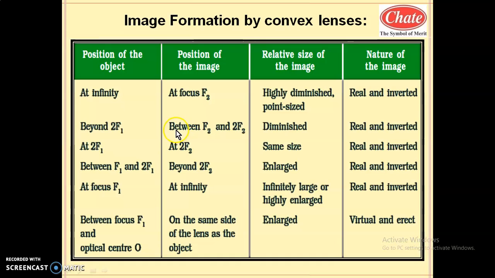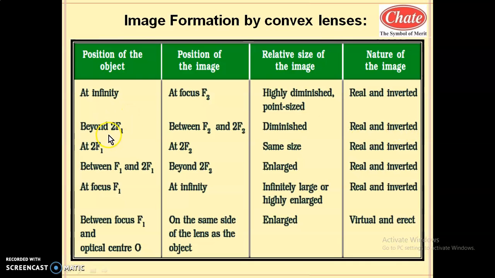Now the image position will be between F2 and 2F2, that we are going to study in detail by drawing the diagram. Now the image will be diminished. I already said to you that in these 6 cases the size of the image is increasing. So from point size, now it is diminished. Now image is obtained by the direct intersection of the refracted rays. So image is real and inverted.